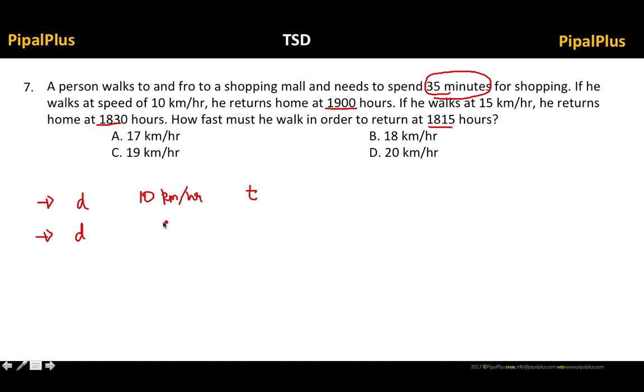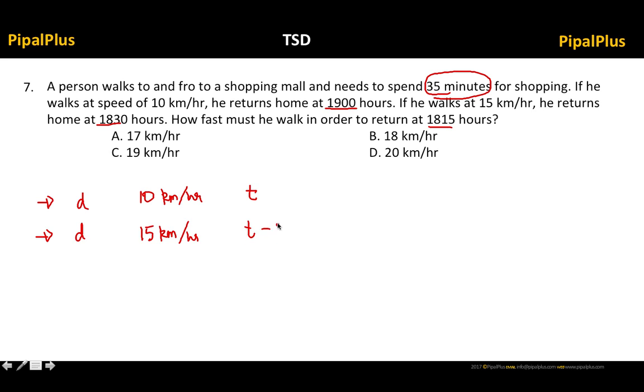This time he walks at 15 kilometers per hour, and instead of arriving home at 1900 hours, he arrives at 1830 hours, which is half an hour less than the travel time in the previous case. So the increase in speed is shaving off half an hour of his travel time.